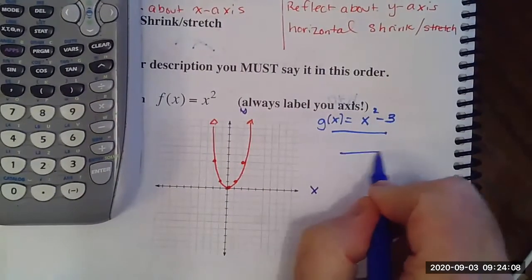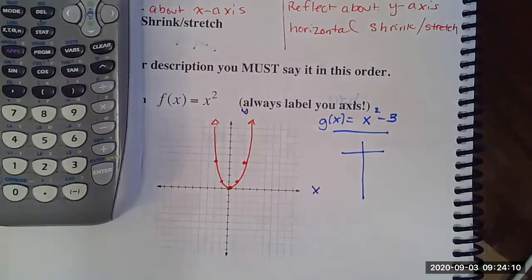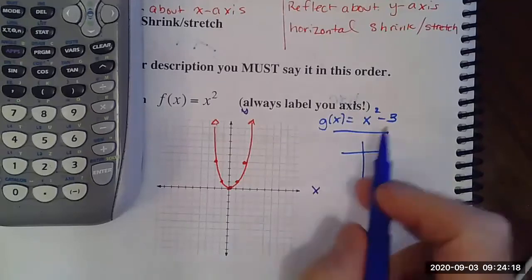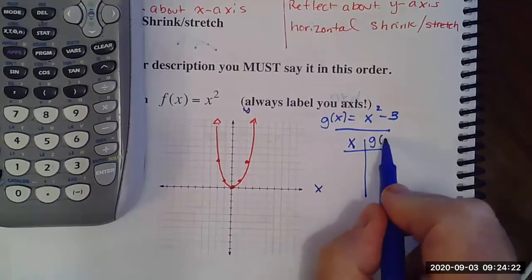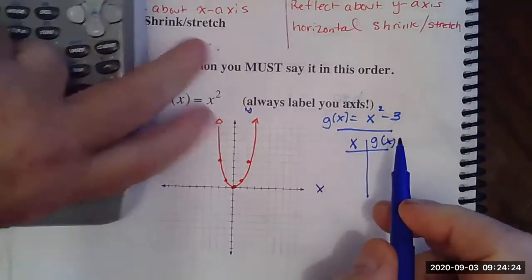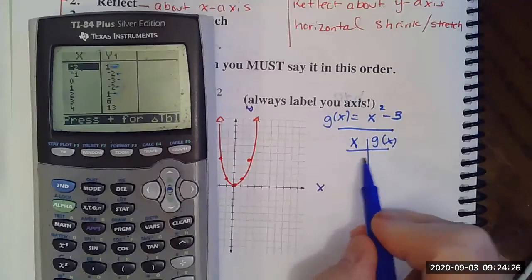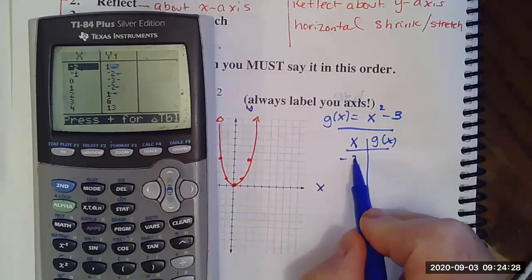So if you were asked to on the homework, it says make sure you display your table of values. Make sure you do that. You would just copy this down, x and g of x. And as I said, I'm just going to pick the top 5.